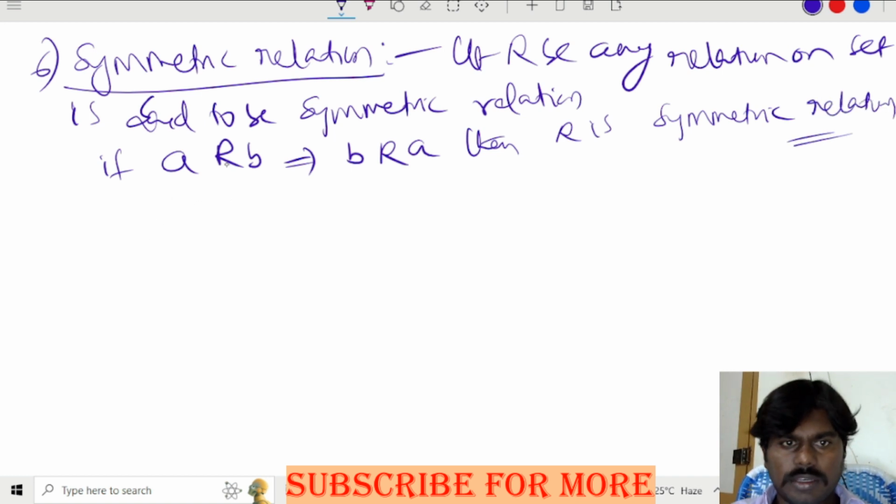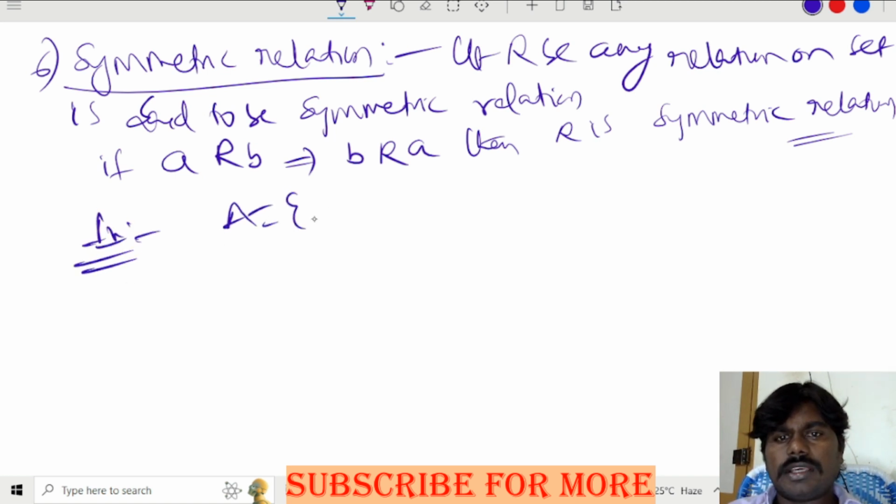That means A is related to B and also B is related to A in our relation, then the relation is a symmetric relation. Okay, so here let us see with an example.